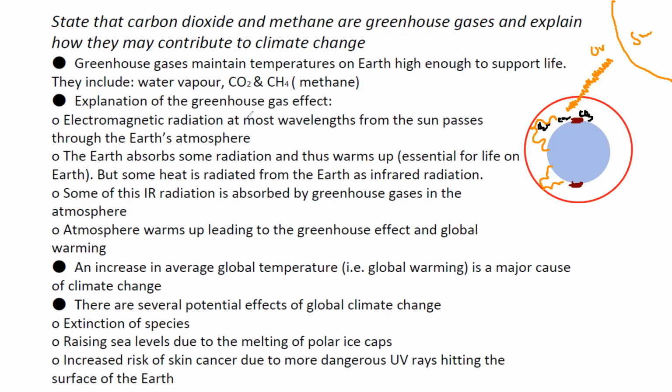But what happens when the electromagnetic radiation at most wavelengths from the sun passes through the earth atmosphere? The earth absorbs some radiation and thus warms up. But some of the heat, how is it useful? Because if carbon dioxide and methane were not there, then the earth would not absorb any infrared or any radiation.